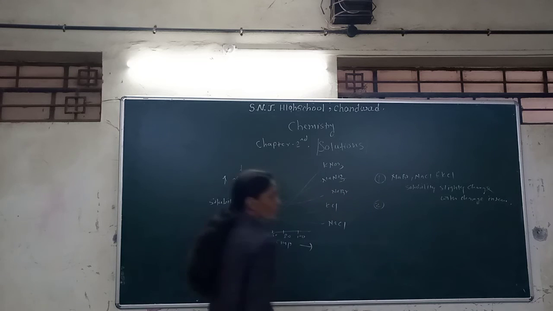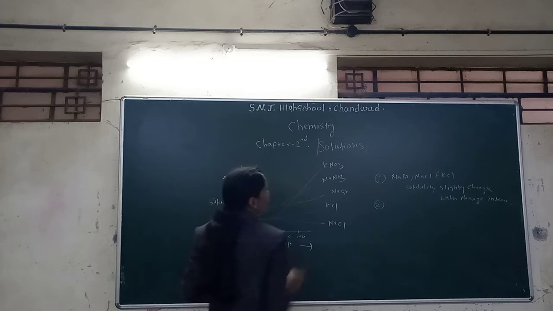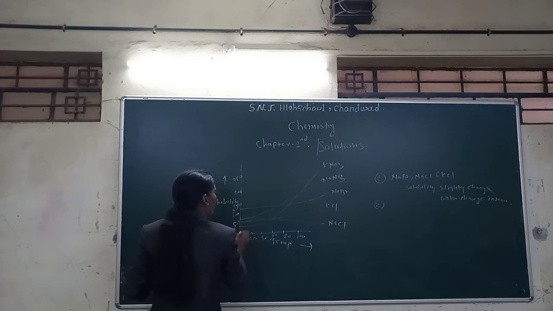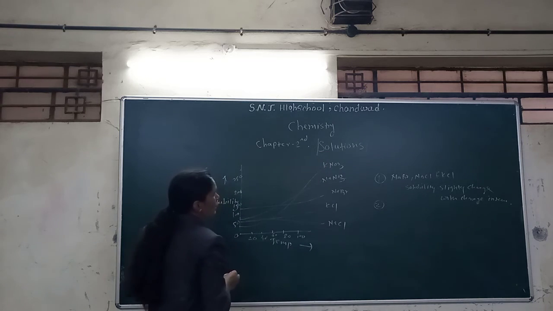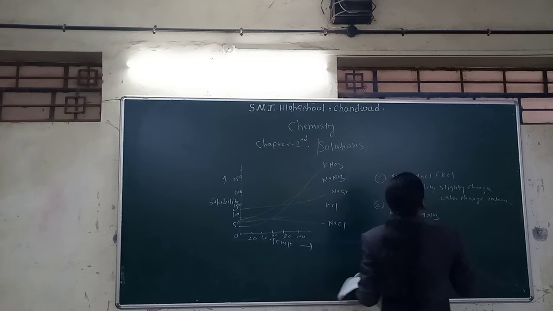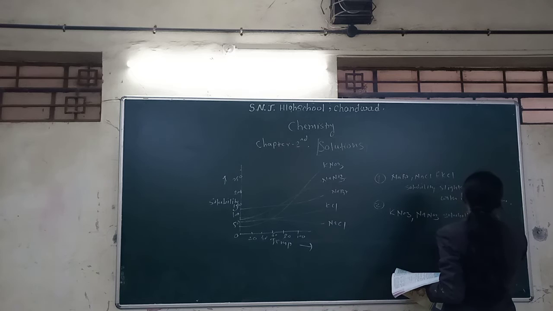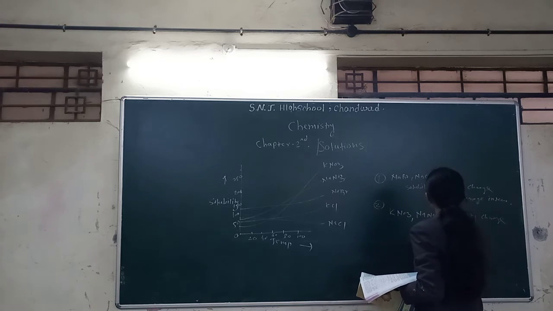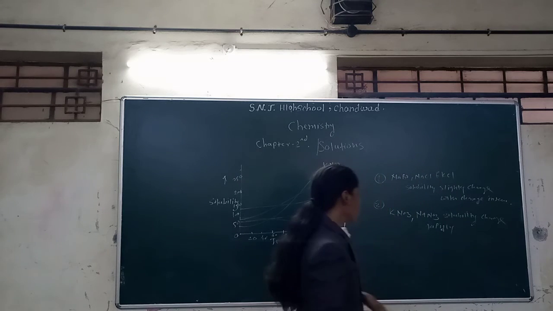Second conclusion from the graph: for KNO3 and NaNO3 with increasing temperature, the curve goes rapidly in the upward direction. Therefore, KNO3 and NaNO3 have solubility that changes rapidly with increase in temperature.